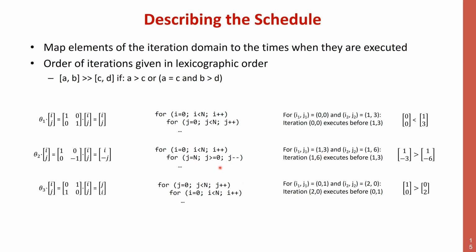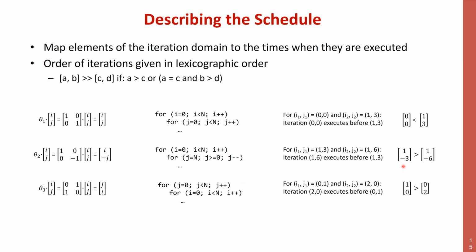And now if you multiply 1, 3 or 1, 6 by this characteristic matrix, you get 1, -3 and 1, -6, which are in the correct lexicographic order. That is, the 1, 6 execution, which generated this value, comes before the 1, 3 that generated this value.